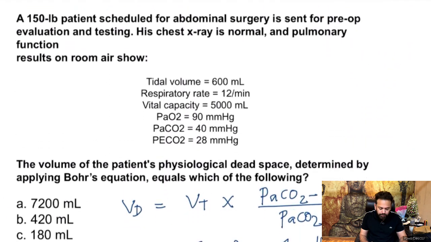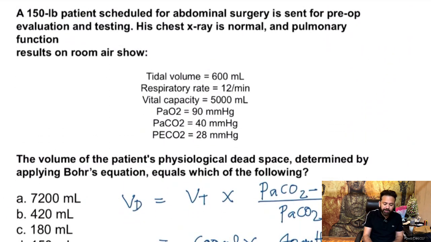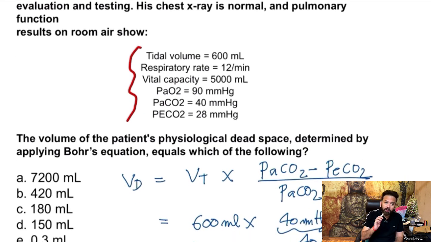Now question number 2: a 150 pound patient, in kg it will be half of that, scheduled for abdominal surgery, is sent for pre-op, chest X-ray normal, and these vitals are given. They have asked to calculate dead space according to Bohr's equation, and I have given you the formula already.